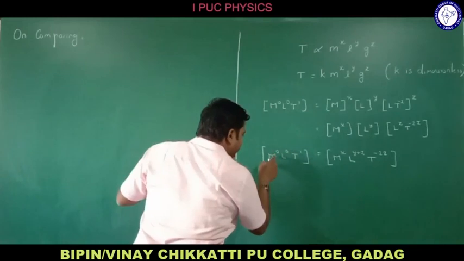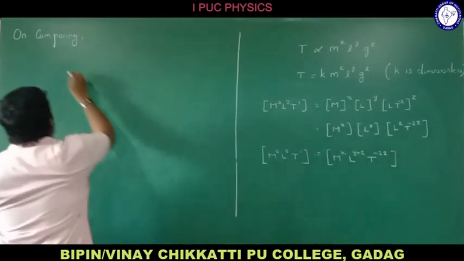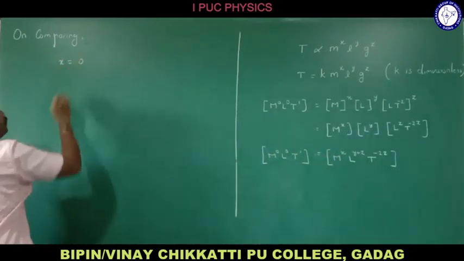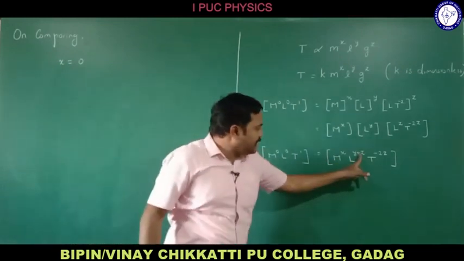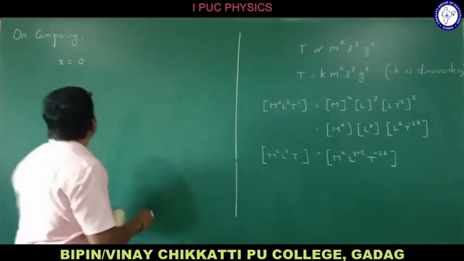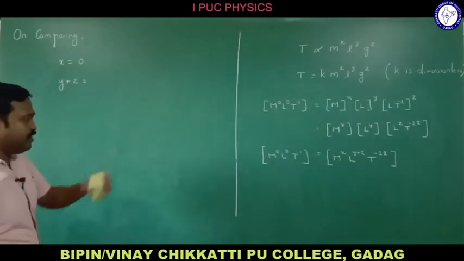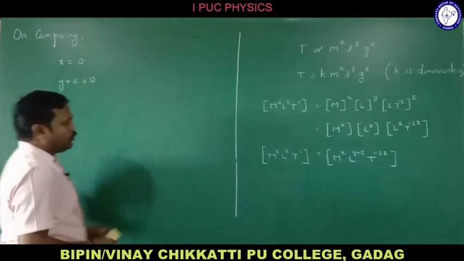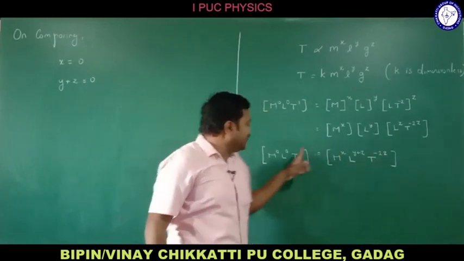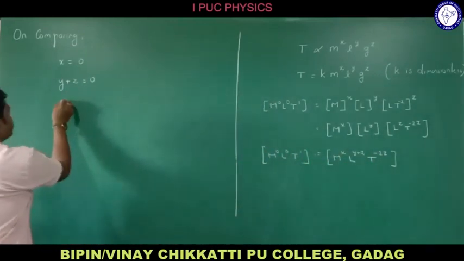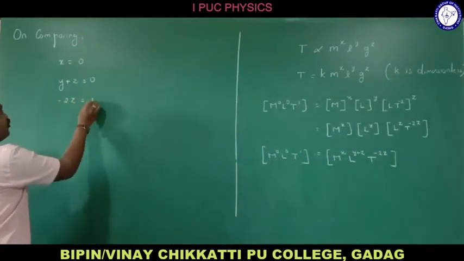Here m raised to 0, here m raised to x. What is x equal to? 0, right? What is y plus z equal to? 0. Let me write what we get: y plus z equal to 0. Then what is minus 2z equal to? 1. Shall I write like this? Minus 2z is equal to 1.